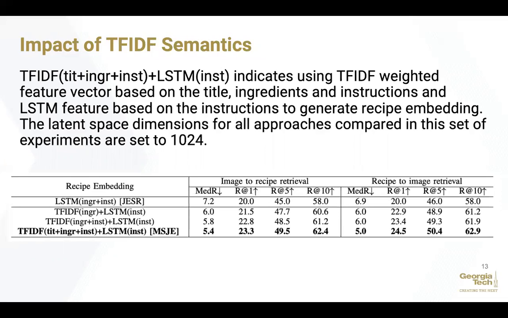And adding the TF-IDF-based feature engineering to 2 or 3 components of recipes will yield better improvements than only adding it to the ingredients. Therefore, we use JE plus TF-IDF in the rest of the experiments to refer to the TF-IDF semantics enhanced recipe embedding approach.